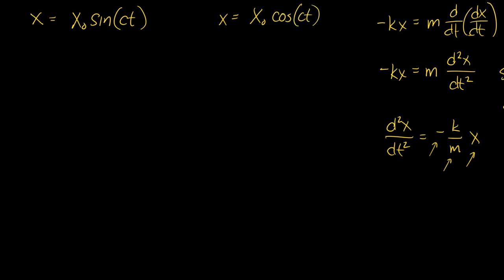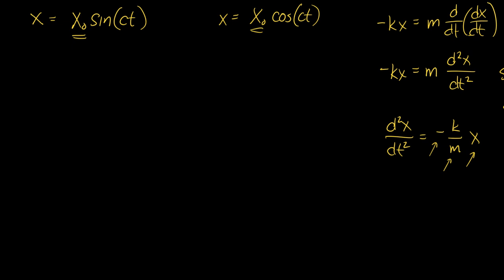I'm putting the x naught out front just like I did before because remember, I'm looking for a position, and I know the position has a maximum x naught. The e in the prior problem was just going to be a scaling value with no units. The sine and the cosine, similar. They're going to be a scaling value with no units. So I need to multiply by what I think is going to be the maximum of my function. That's why x naught is there.